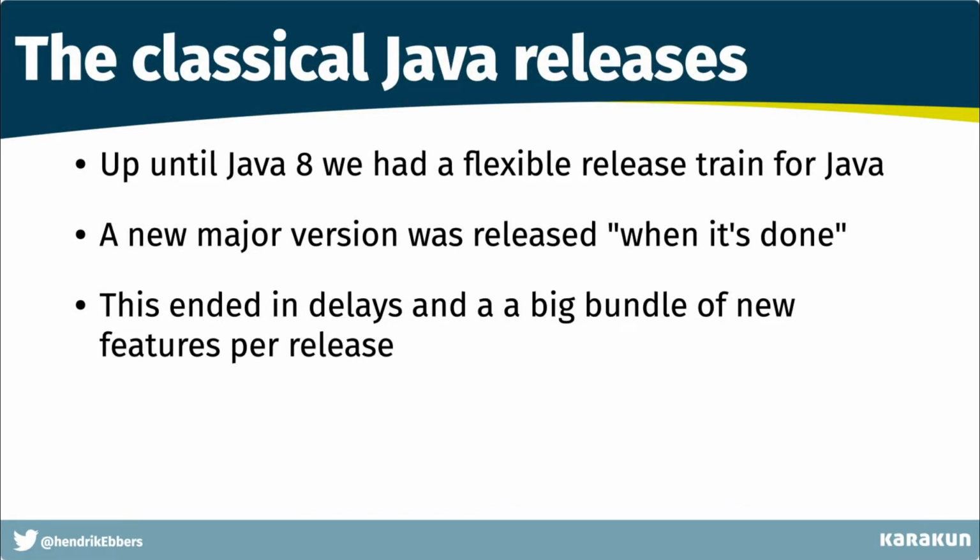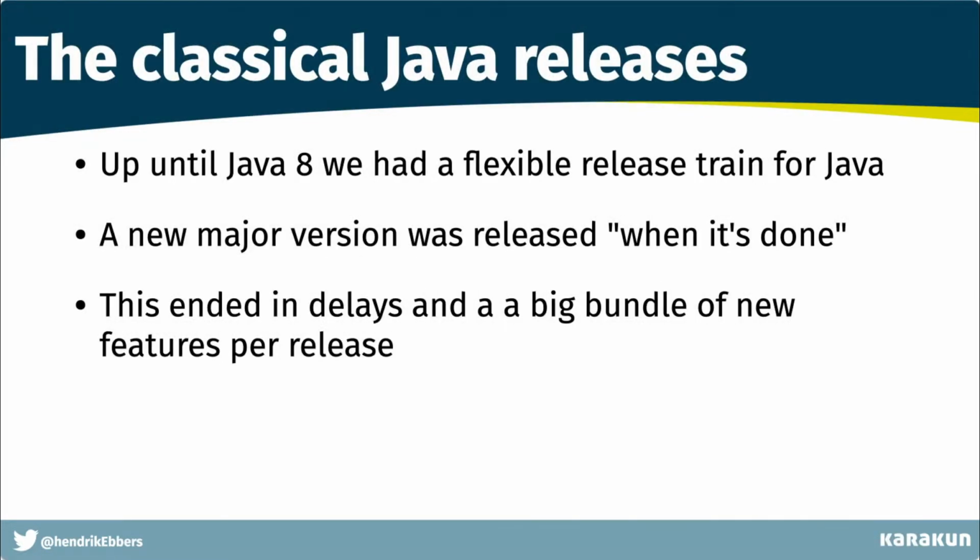And even a year earlier, we know what kind of features will be part of this new Java version. And then we had like 2 or 3 more years to get comfortable with this version, learn about the new features, migrate our application to this version. So that was quite easy.